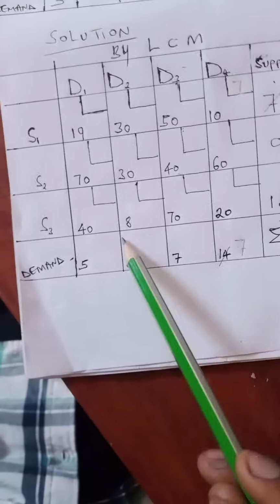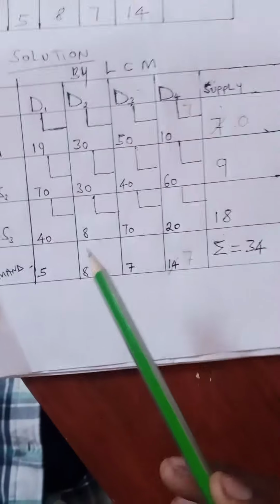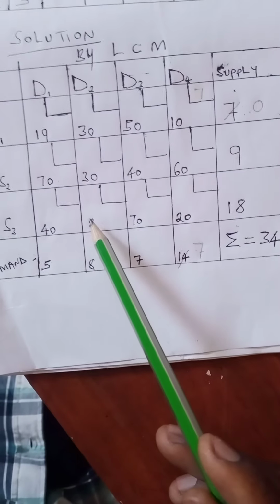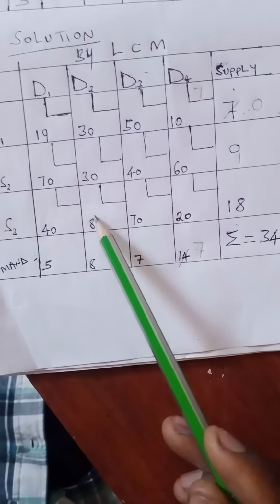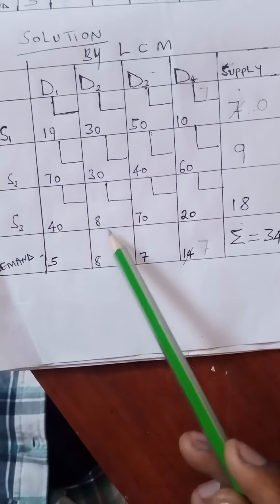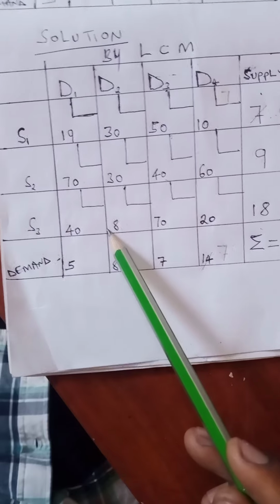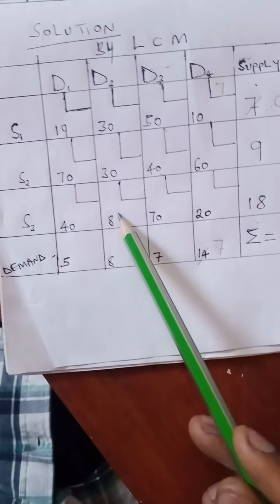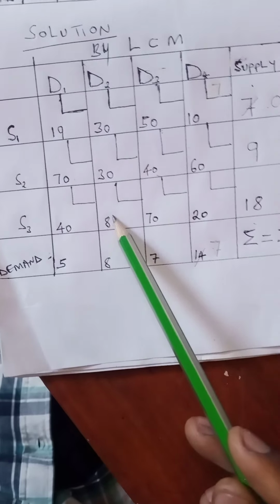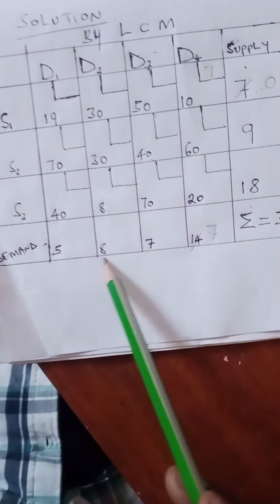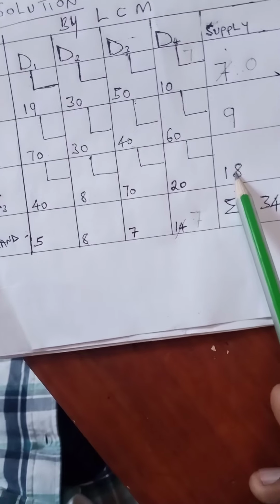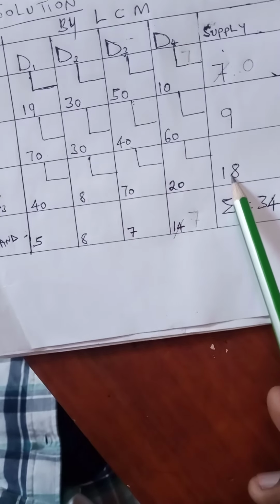Then, as we have determined before, our least cost number is 8, so we start working with the 8. Our demand here is 8, and our supply here is 18.